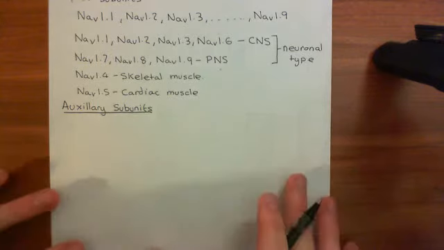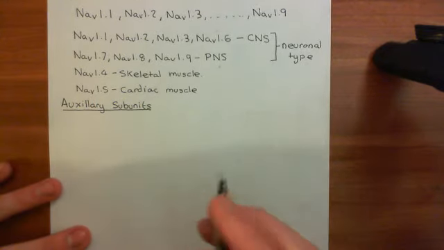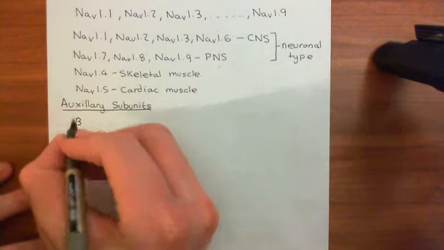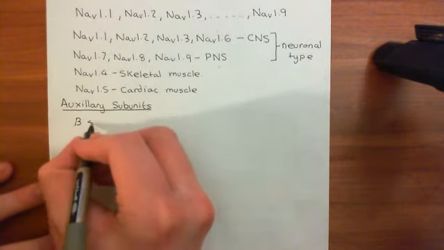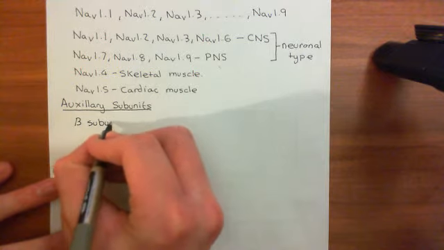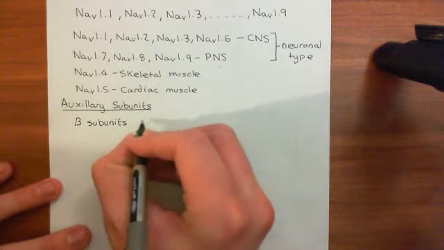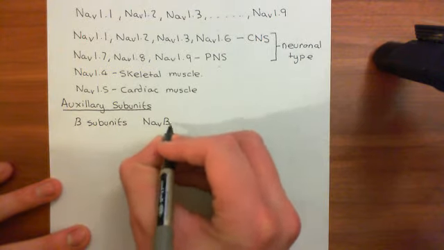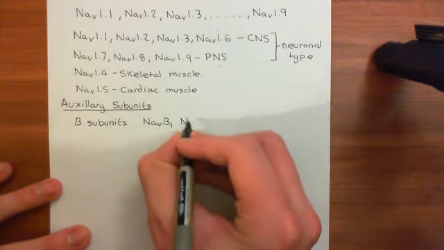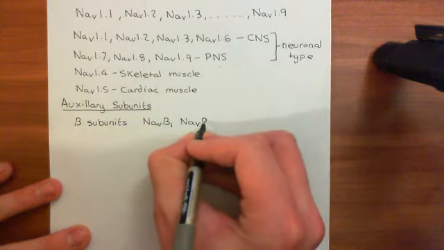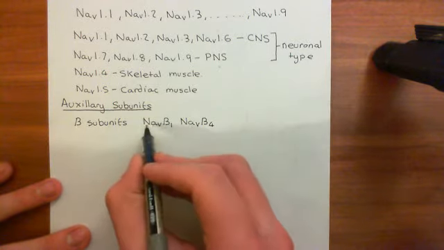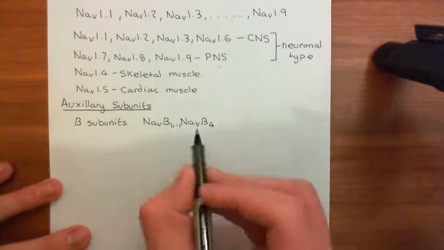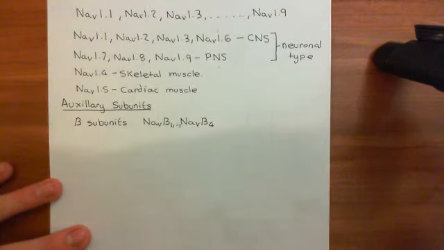Basically there are 4 different auxiliary subunits, known as the beta subunits. So we've got alpha subunits and beta subunits. The 4 different beta subunits are called NaV beta 1 through NaV beta 4. Again, it's a very simple naming system: NaV beta 1, NaV beta 2, NaV beta 3, NaV beta 4.